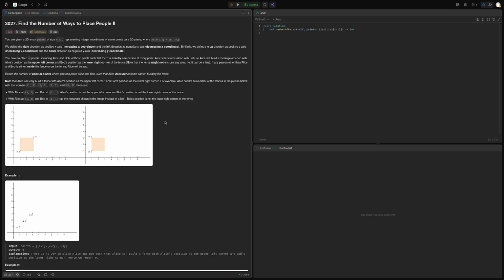Alice cannot build either of the fences in the picture below with 4 corners. Either of the fences in the picture below.